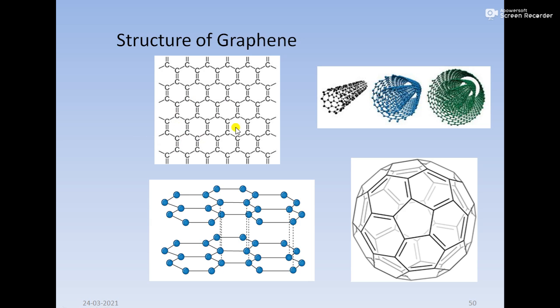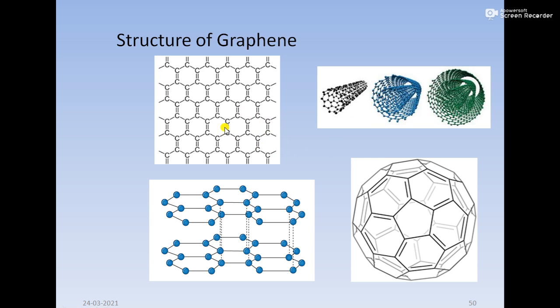Then if we roll that graphene sheet, it is converted into tubes, known as carbon nanotubes. If you take a single sheet, it is called a single-walled carbon nanotube. If you take two sheets, it is called a double-walled carbon nanotube, and the third one is the multi-walled carbon nanotube.